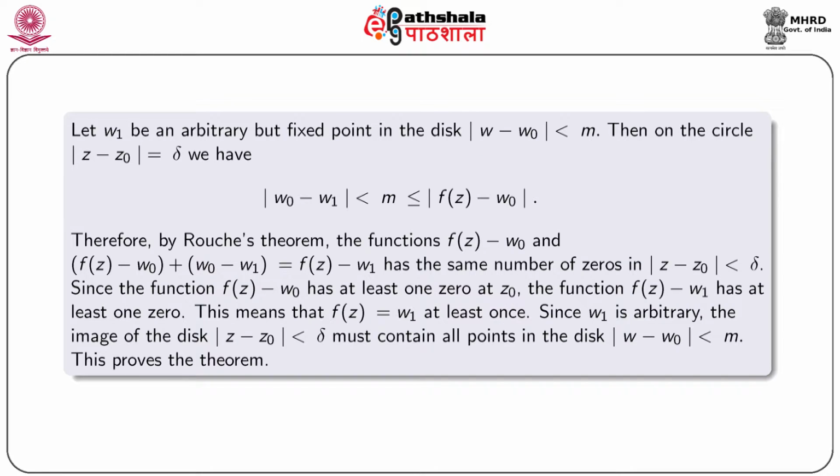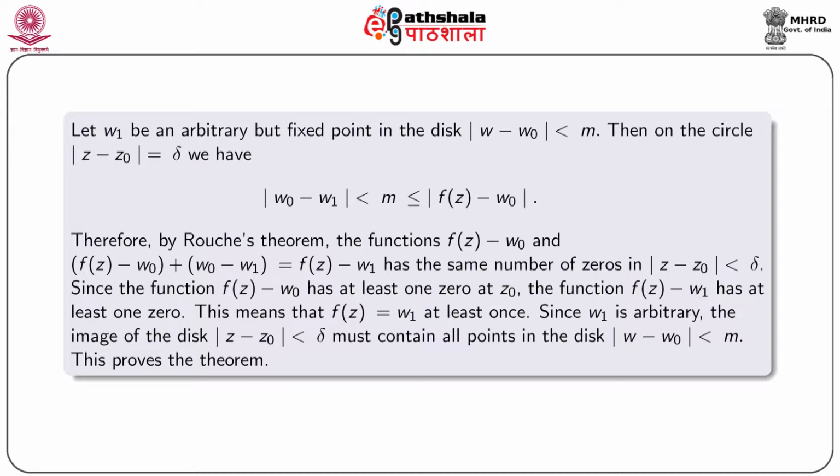Then on the circle mod z minus z0 equal to delta, we have modulus w0 minus w1 is less than m, less or equal to modulus f(z) minus w0. Therefore, by Rouché's theorem, the functions f(z) minus w0 and f(z) minus w0 plus w0 minus w1, which is equal to f(z) minus w1, have the same number of zeros in mod z minus z0 less than delta.